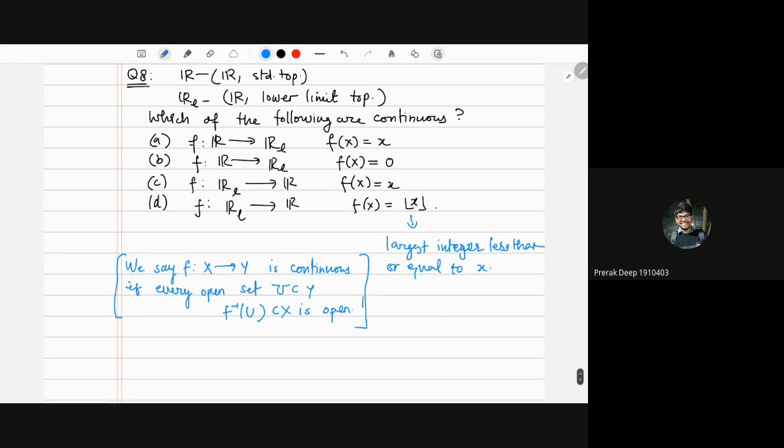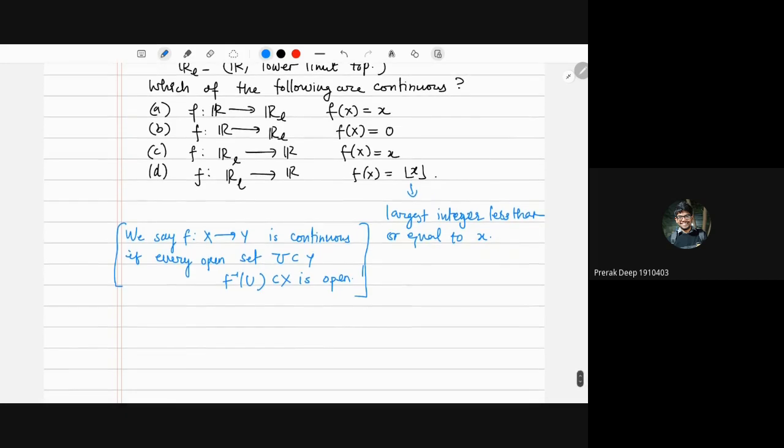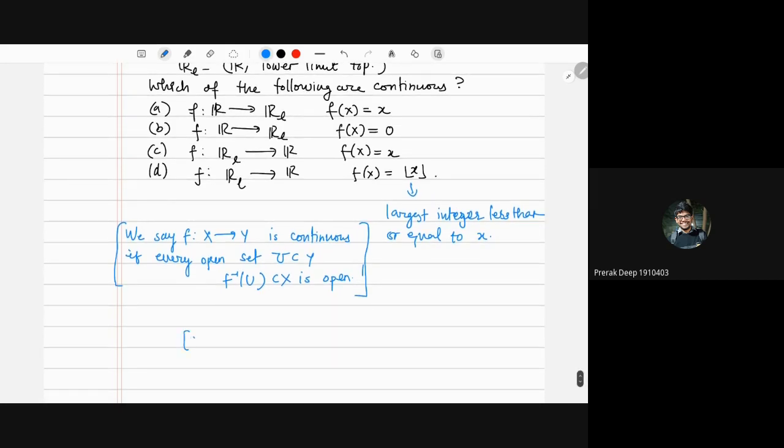So first we have the identity function on A. So now let's take an open set, let's take 0 comma 1. So I'm discussing option A. So let's take this interval which is open in RL.